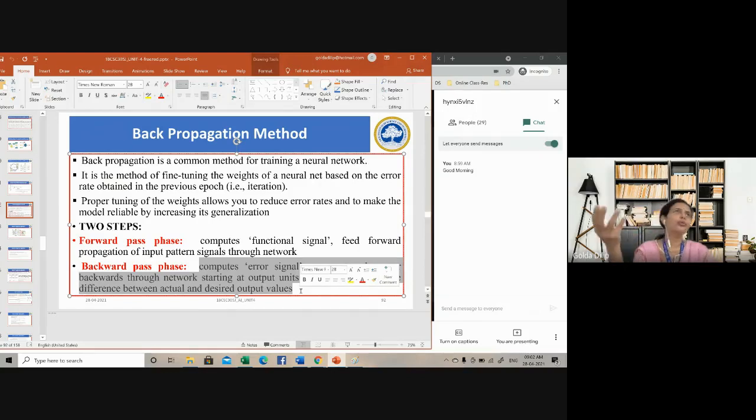Then you update the weights using optimization techniques like gradient descent. At each phase, you keep updating the weights so that they get closer to the actual target, and you can minimize the errors.